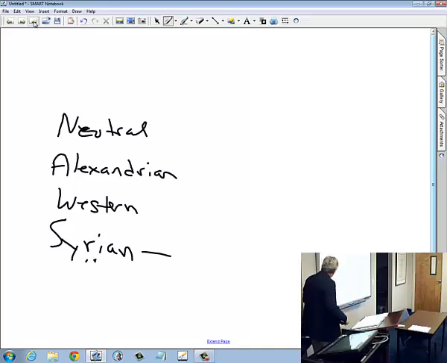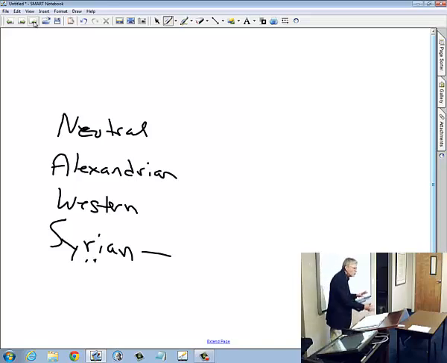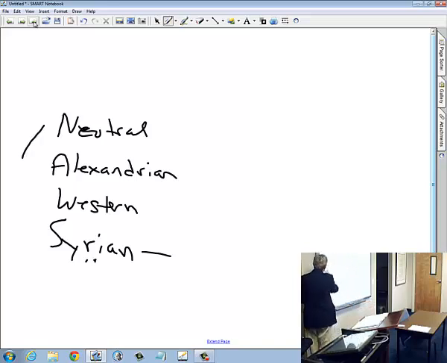And they claimed that Lucian, in this official revision of the text, used the other three text families as the basis of that revision. Supposedly taking place in Antioch.